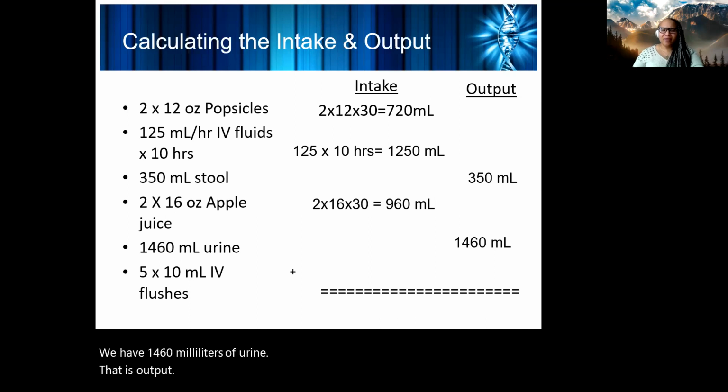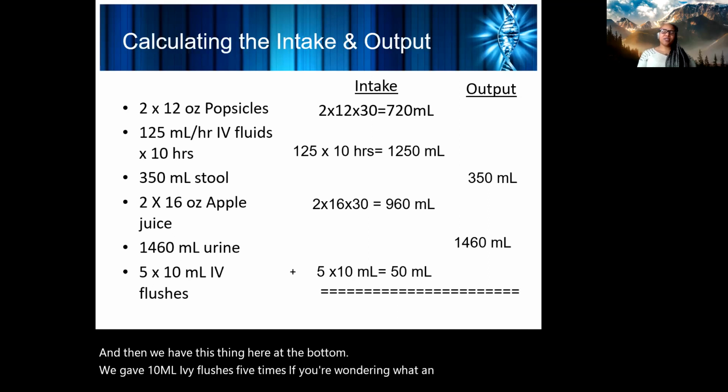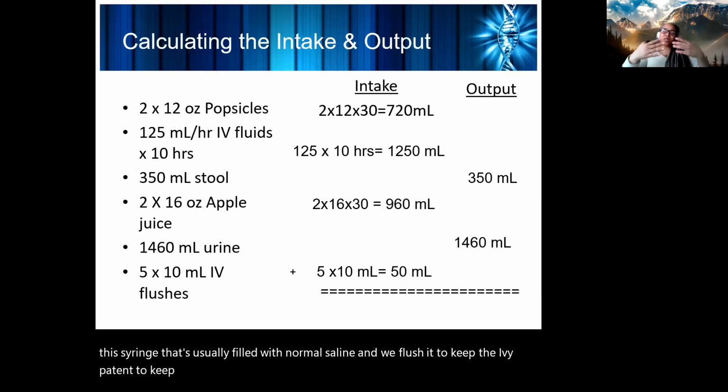And then we have this thing here at the bottom. We gave 10 milliliter IV flushes 5 times. If you're wondering what an IV flush is, it's just this syringe that's usually filled with normal saline, and we flush it to keep the IV patent, to keep the IV open and running.